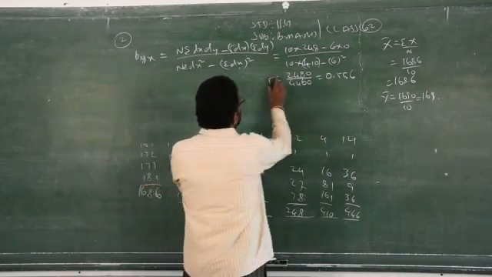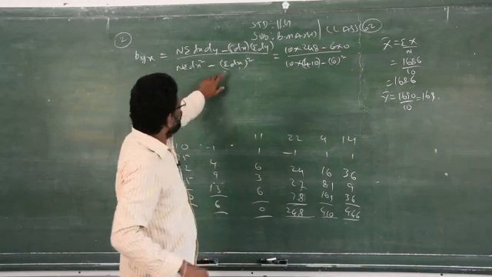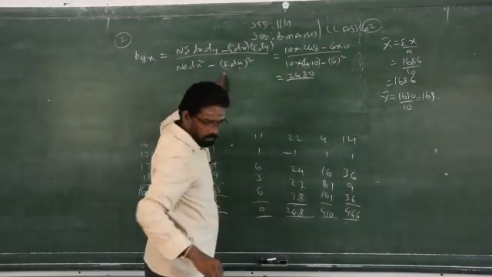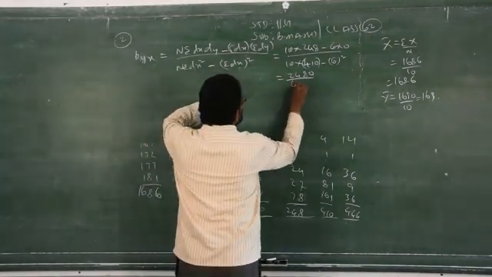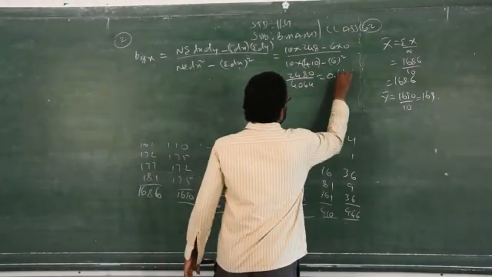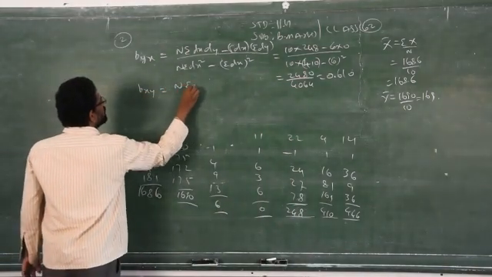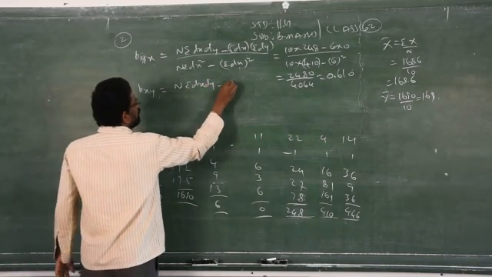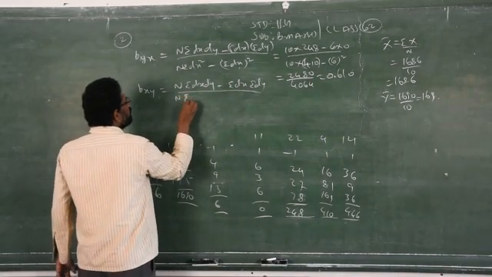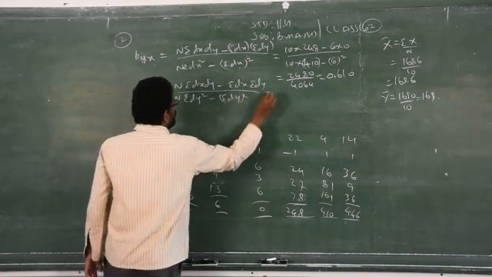Similarly, you have to find out this is for byx, this is something different. Byx, that is 2480 by 4064 is 0.610. Clear? Similarly, you have to find out bxy, that is n into summation dx dy minus summation dx summation dy, by n into summation dy square minus summation dy the whole square.